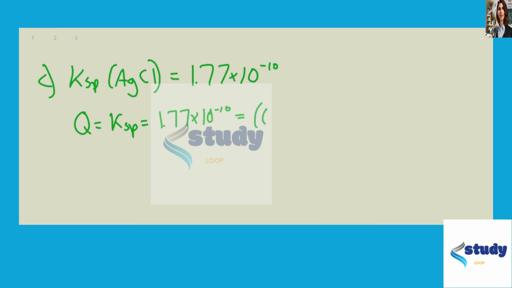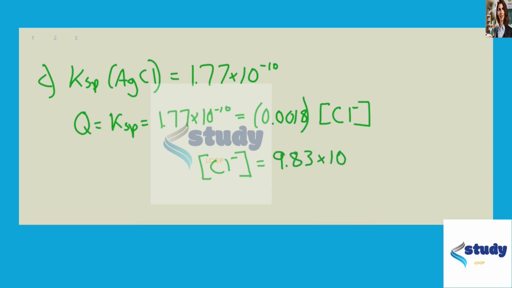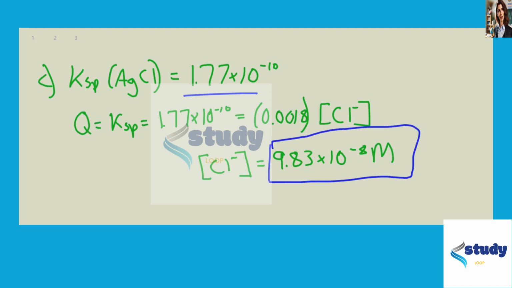No exponents, since we have a 1-to-1 ratio here between the ions. The concentration of silver is 0.018, and the concentration of chloride is what we're solving for. When we divide both sides by 0.018, we get 9.83 times 10 to the minus 8 molar. Since our compound has a low KSP, we need very little chloride to start precipitating the silver chloride.